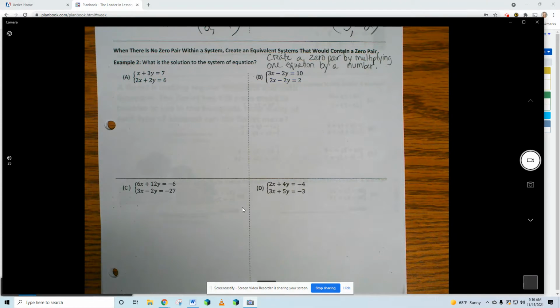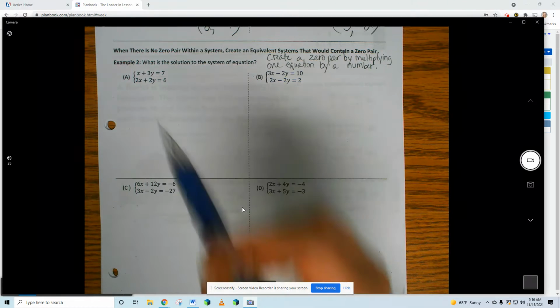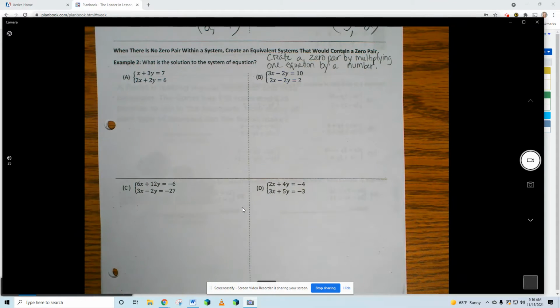Okay, so right here, let's start with A. If I want to cancel out the x's or the y's, let's talk about what I would do. Right now, nothing is the opposite sign. The x's are both positive, the y's are both positive. It doesn't look like I can cancel anything right away.